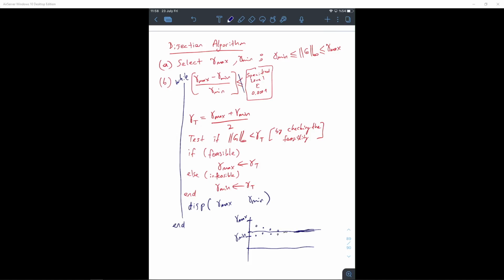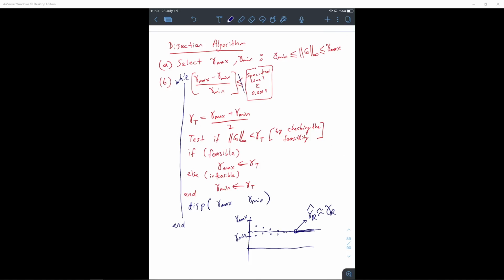And this will be gamma real hat. This will be really close to gamma real, depending on our specified precision level. And yeah, this is it.